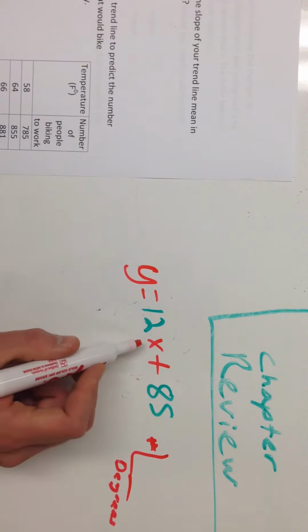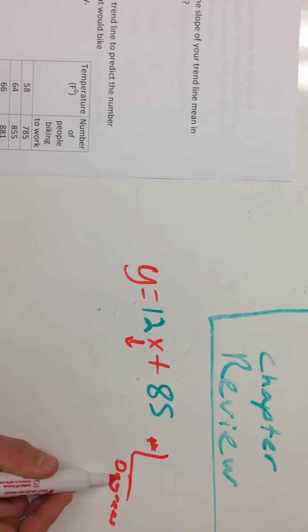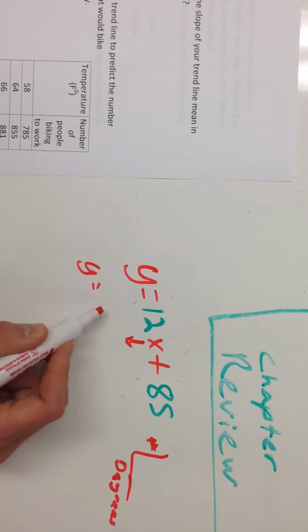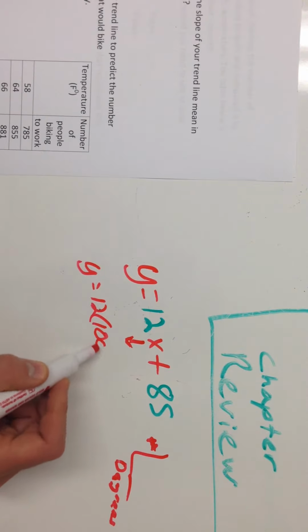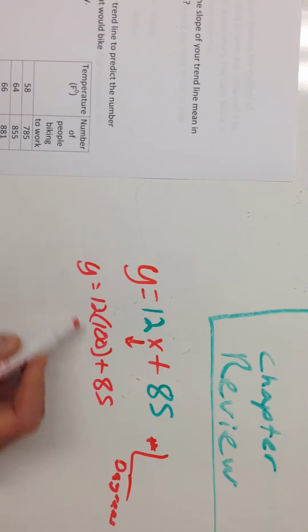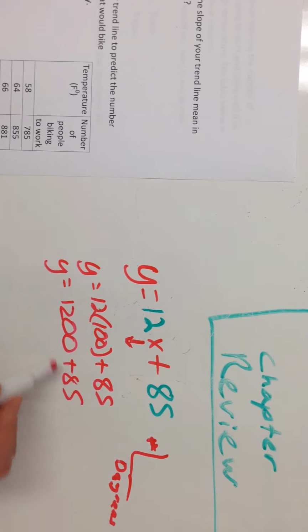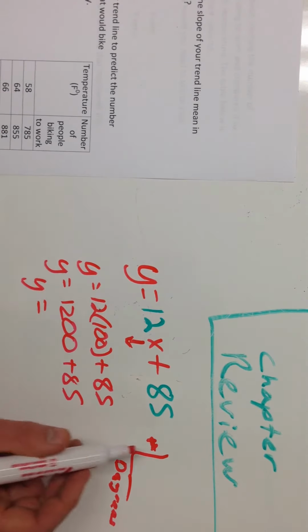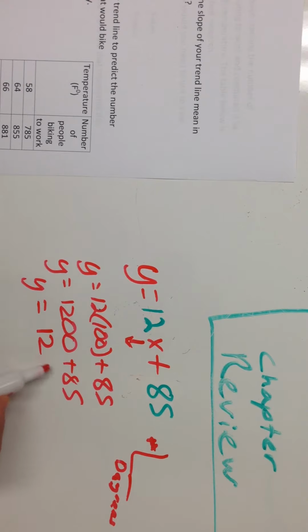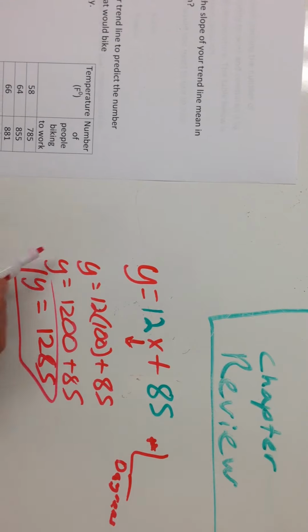So if they say it's 100 degrees, x is my degrees, so I'm going to plug it in there. So it's 12 times 100 plus 85. So it's y equals 1200 plus 85. So we would expect our y value, the number of bikers, to be 1285.